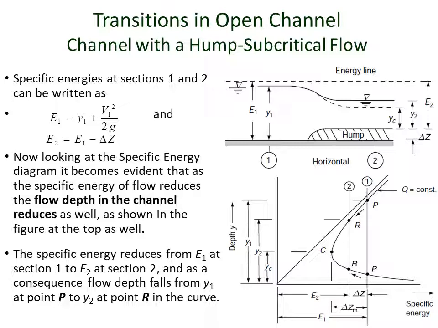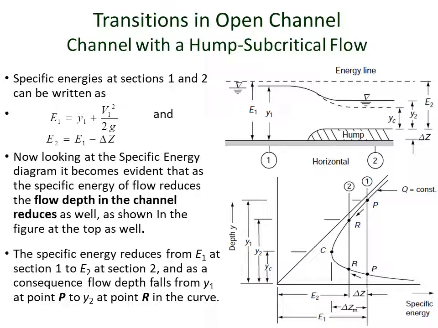Now, let's focus on the critical energy diagram at the bottom. This is the critical energy diagram for a constant Q, or constant discharge, and as this flow is a subcritical one, we have to focus on the upper limb of the diagram. The point P corresponds to the specific energy E1 at section 1, and the depth of flow is Y1.